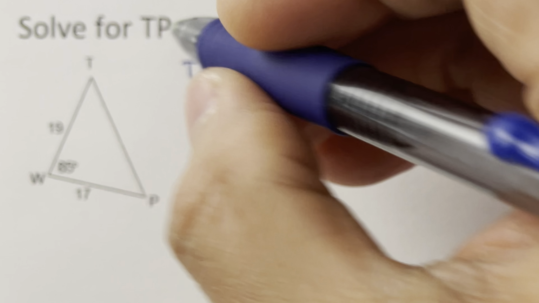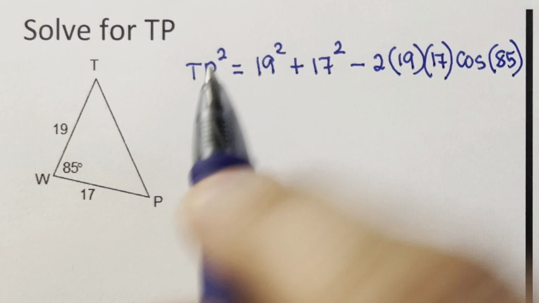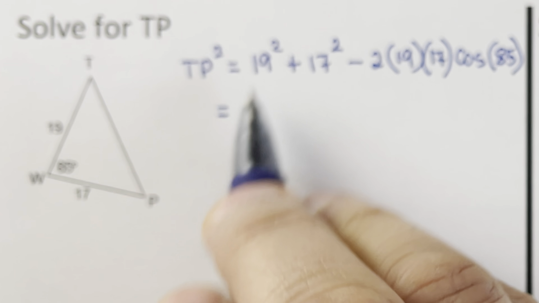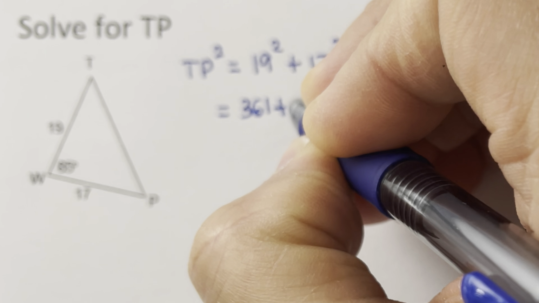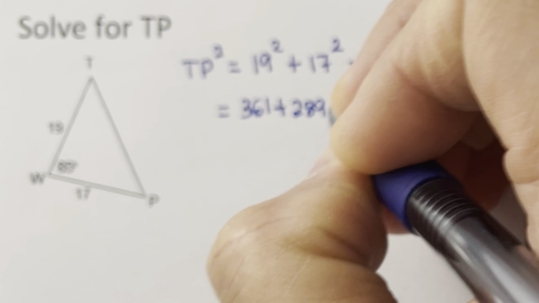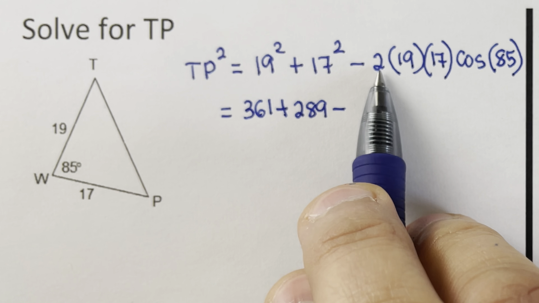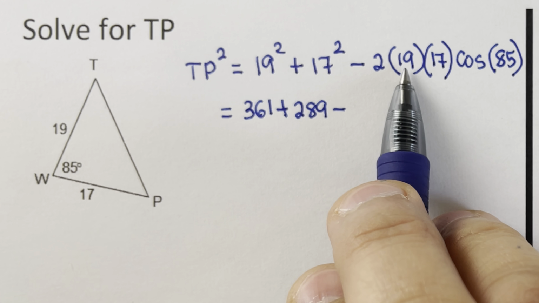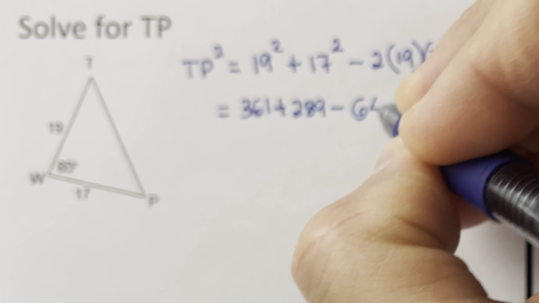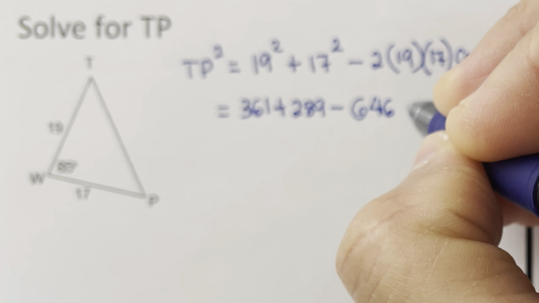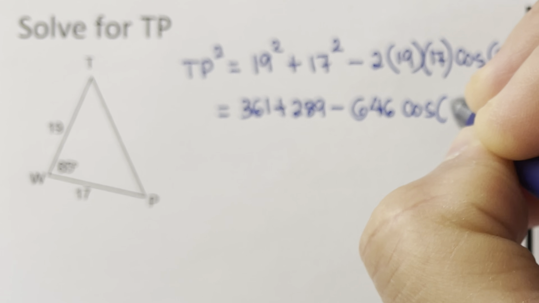So from here, we can go ahead and simplify 19 and 17 squared. So this would come out 361 plus 289 minus multiplying these three together, 2 times 19 times 17 will give us 646, and then that's cosine of 85.